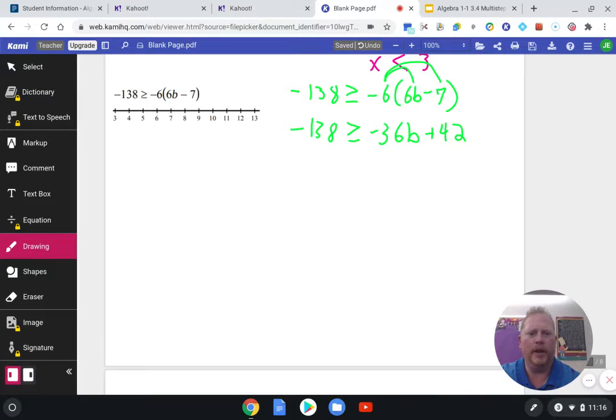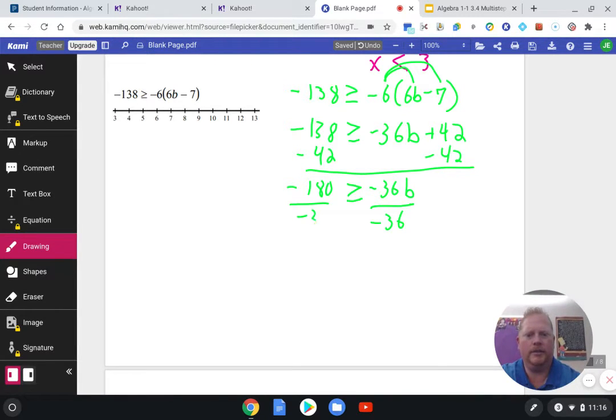Well, that wasn't so bad. So now I'll just go ahead and get that 42 to the other side. We're looking at -180 is greater than or equal to -36b. Divide both sides by -36. And what is that? 5. So 5 is greater than or equal to b.